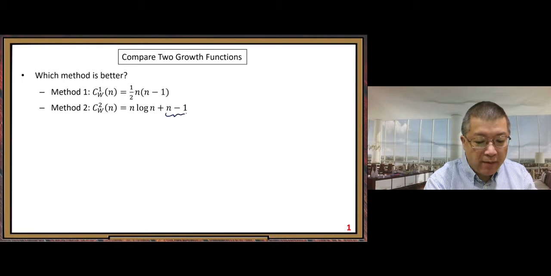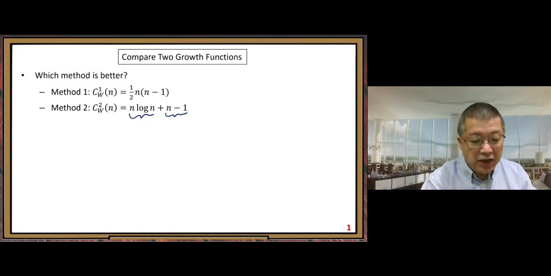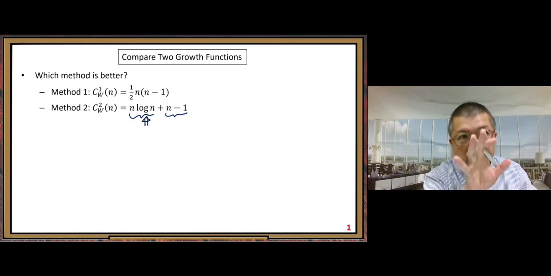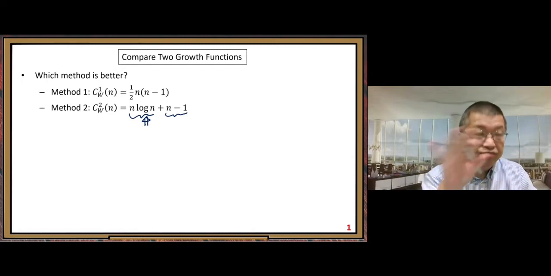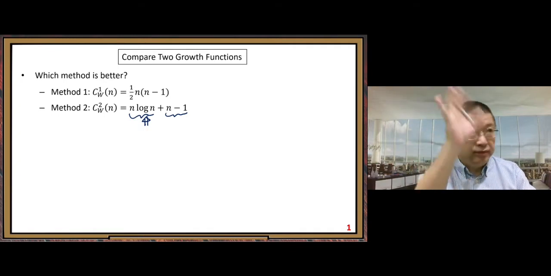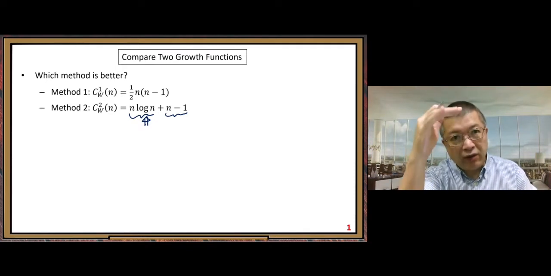The checking part, n minus 1, but you also need to pay the sorting part, right? The initial data organization, that work you need to pay. You can see the amount of work for the data organization is much larger than the checking part. But in any case, now let's look at the growth function first.